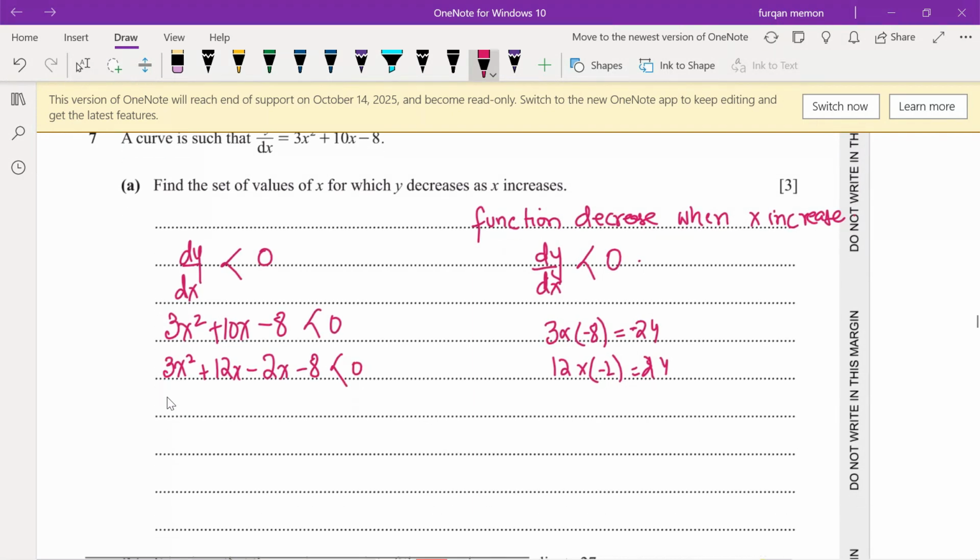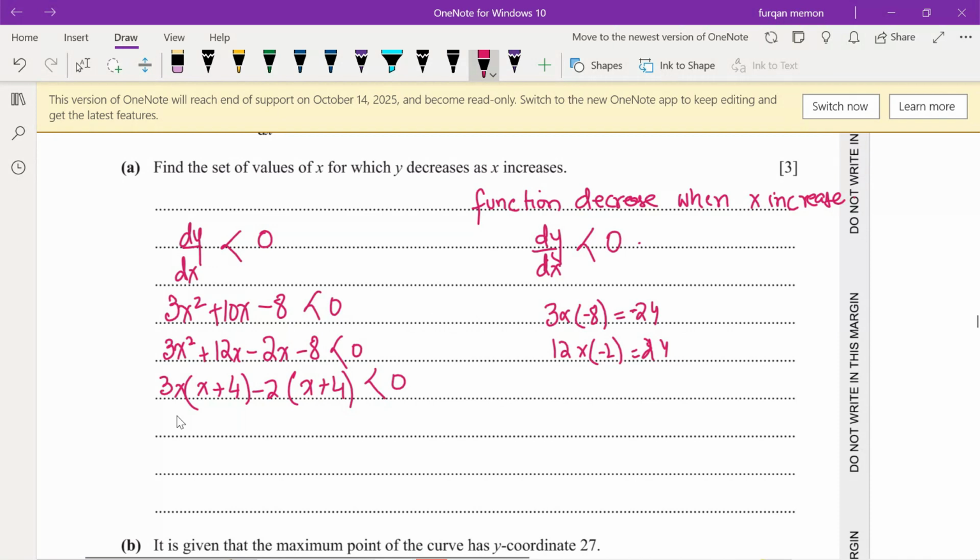Taking 3x common from the first two terms, it will be x plus 4, and negative 2 from the last two terms, x plus 4. So (3x minus 2) times (x plus 4) should be less than 0. Equating each factor with 0, we get x equals 2 over 3 and x equals negative 4.